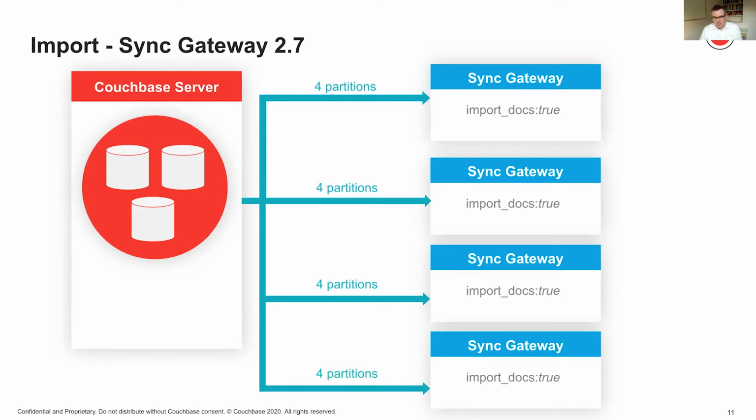So the previous 16 partitions are now going to be balanced across all 4 nodes. But you can see here that the overall number of partitions we're running is not changing. We're still just running 16 partitions. And if those Sync Gateway nodes have sufficient cores that they could be doing more work, you're not getting as much throughput as you would if you were increasing the number of partitions.